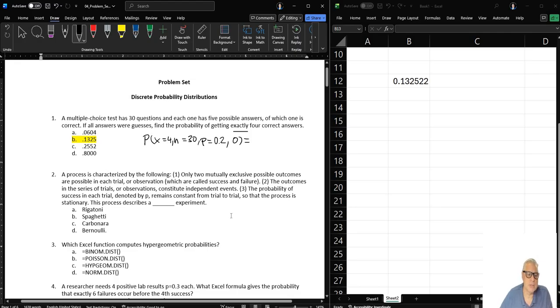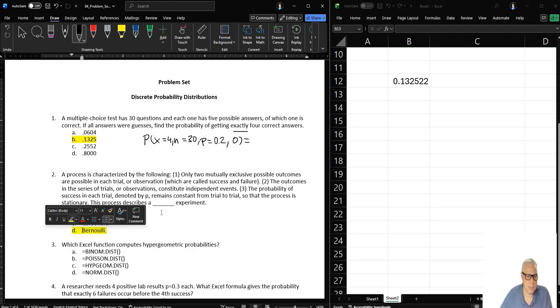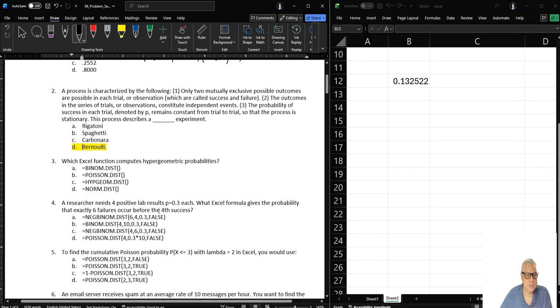The probability of success in each trial, denoted by P, remains constant from trial to trial, so that the process is stationary. This process describes a blank experiment: rigatoni, spaghetti, carbonara, Bernoulli. Well, that's obviously a Bernoulli process.